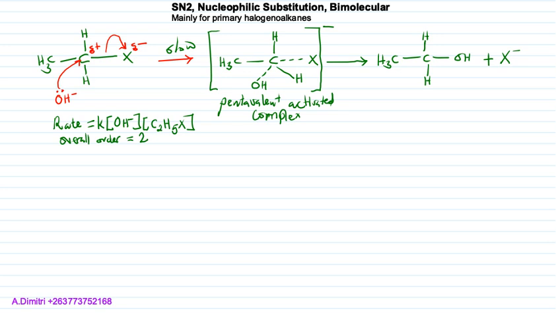So the rate of reaction is affected by both the concentration of halogenoalkane as well as the concentration of nucleophile.